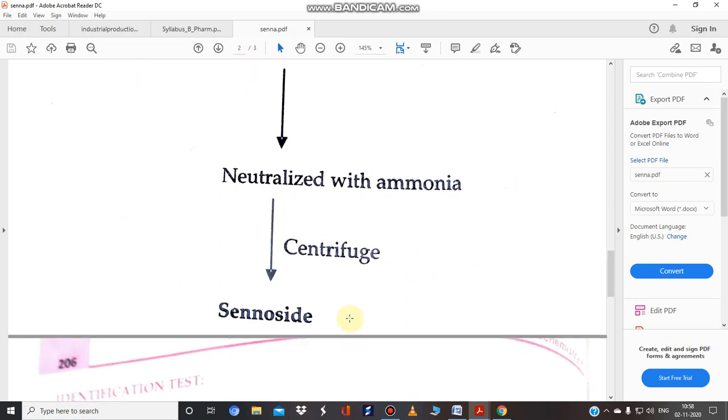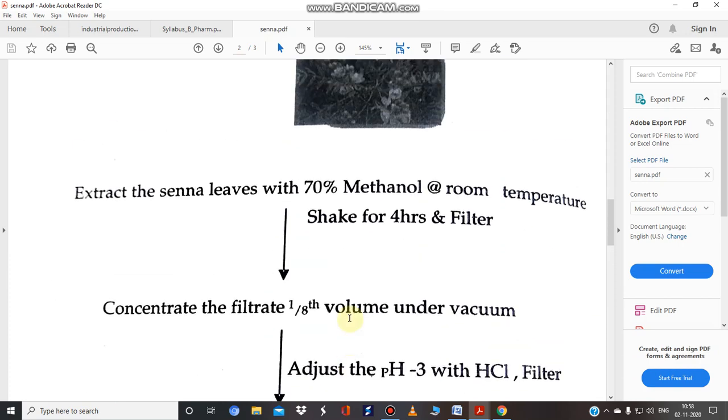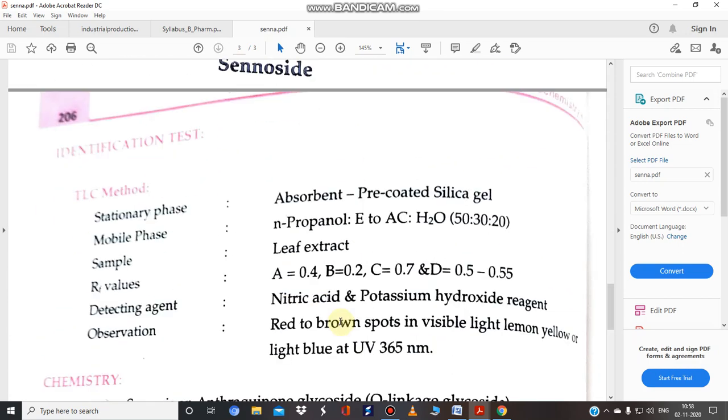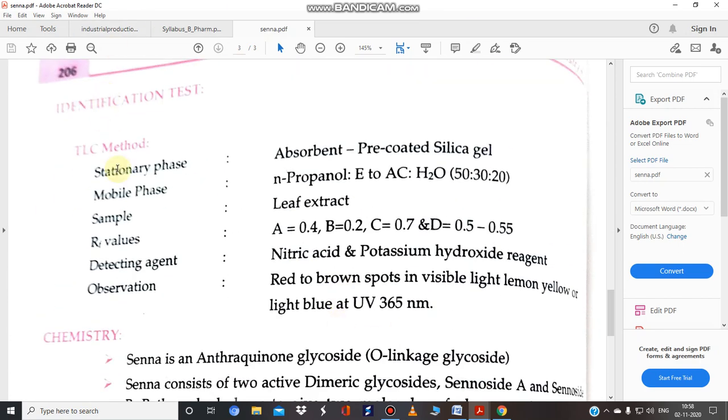This is a very simple explanation of the isolation of senoside. And we will do identification by using the stationary phase and the mobile phase. Stationary phase generally uses pre-coated silica gel, or you can also use the coated one, that is silica gel prepared TLC plates. And what is the mobile phase here? Yes, n-propanol, then ethyl acetate and water.